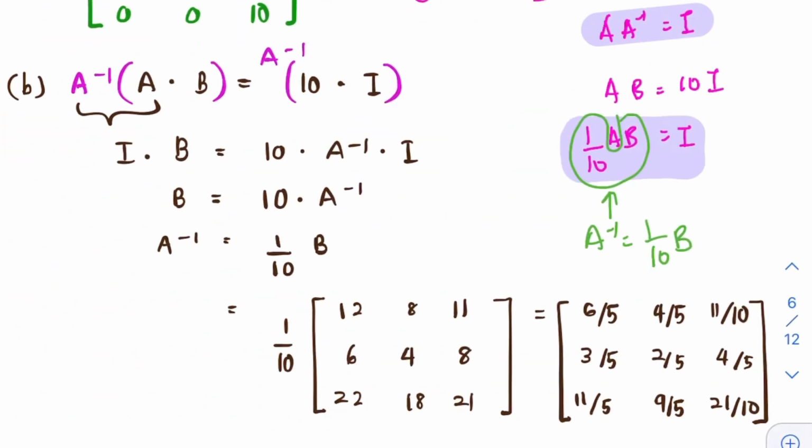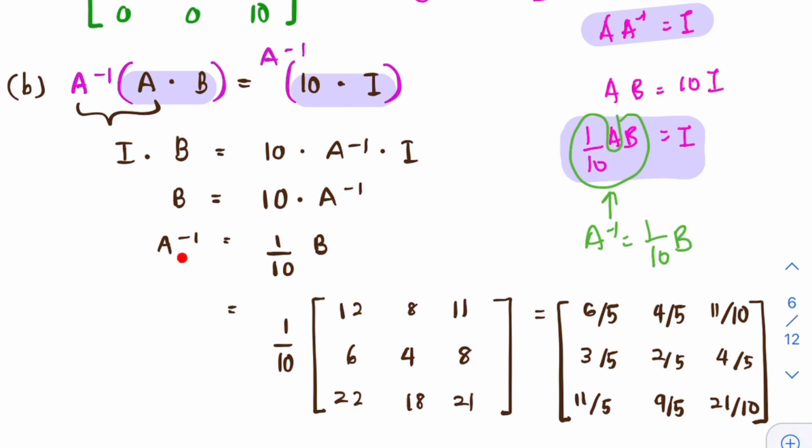Another way to do it is you can just write whatever we have just now. AB is equal to 10I. So in order to find the inverse, just multiply A inverse on your left hand side. So A inverse times A is I times B is B. So what happened here is 10 A inverse times I. Therefore, let's find A inverse here.